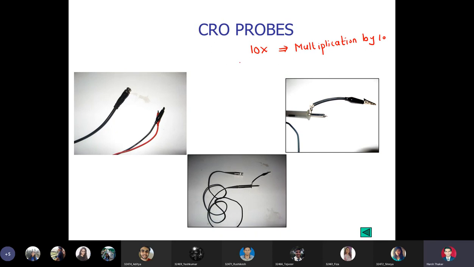But here when I say 10x, it actually means x over 10. What I have shown here is an attenuation probe, a 10x probe.